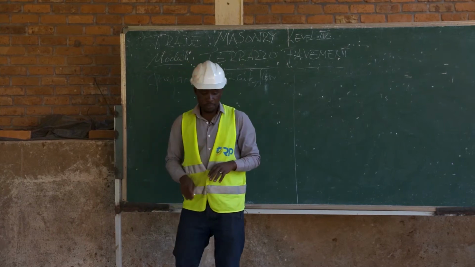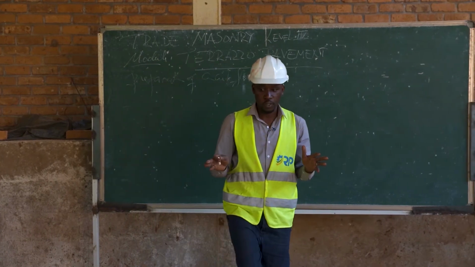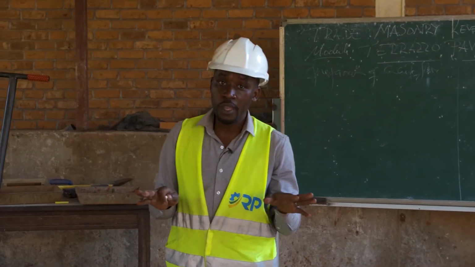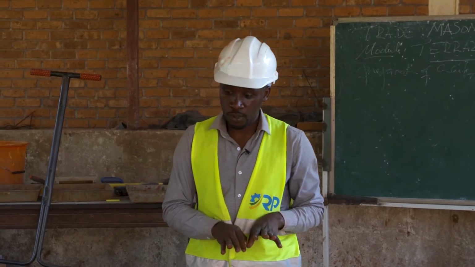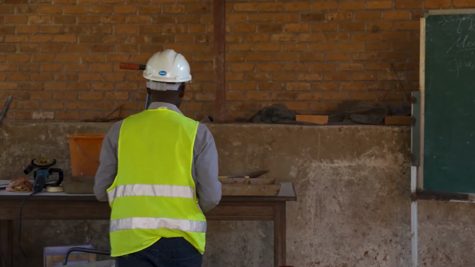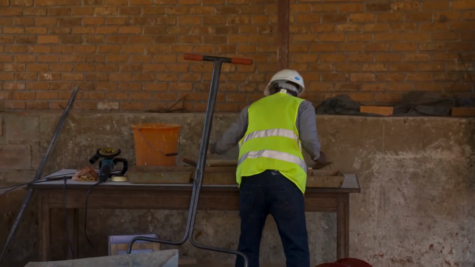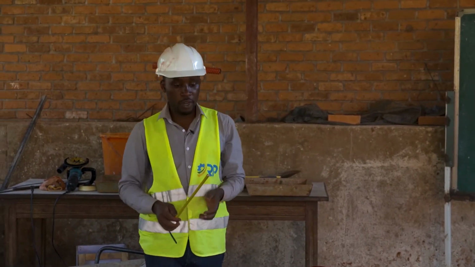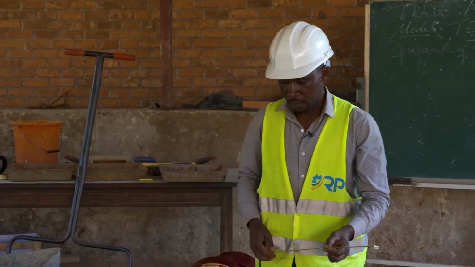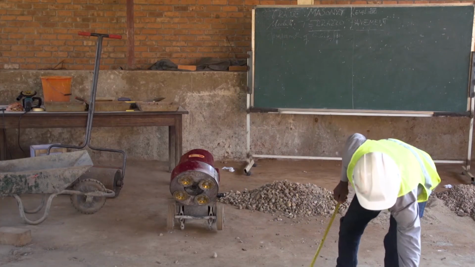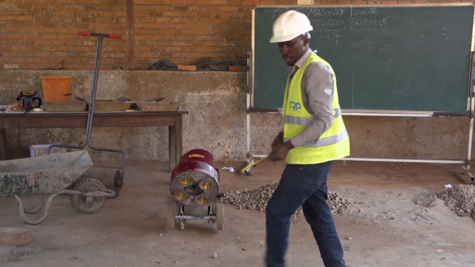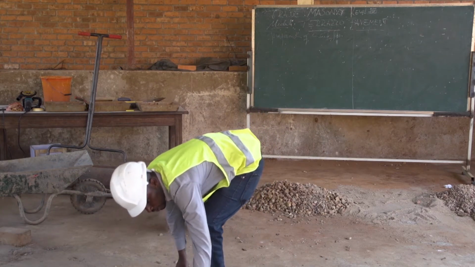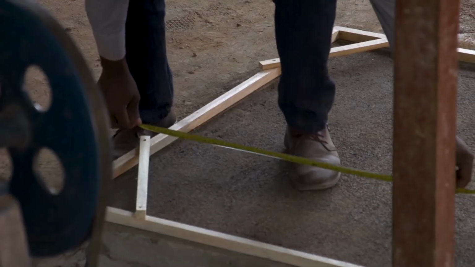The second step is to evaluate or to determine the size of our surface that we are going to cast the terrazzo. So when we are evaluating our surface, we need to measure the length of the area to be casted.